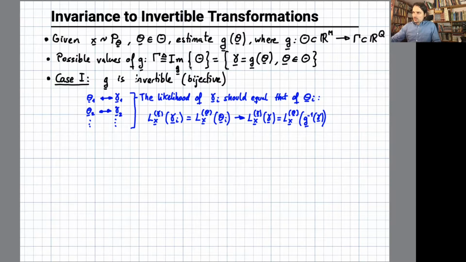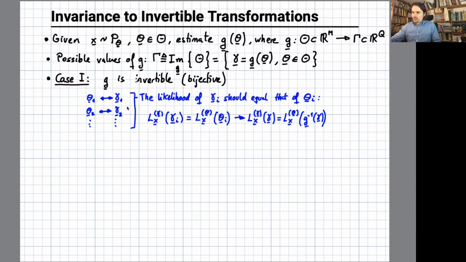So to estimate this g of theta, we need the likelihood function of g of theta, right? What is the likelihood of a value of gamma, let's say. And to do so, we need to actually define a new likelihood function, because the one that we have provides the likelihood of theta, right? And therefore we cannot apply it, right?